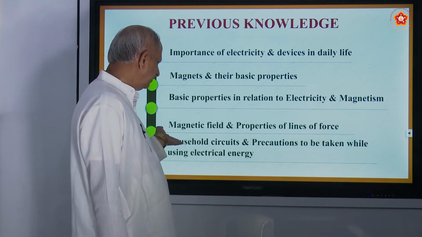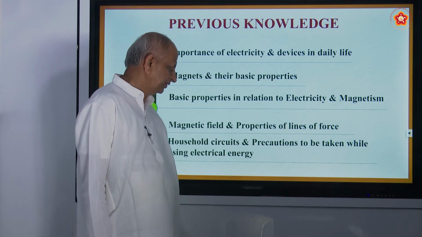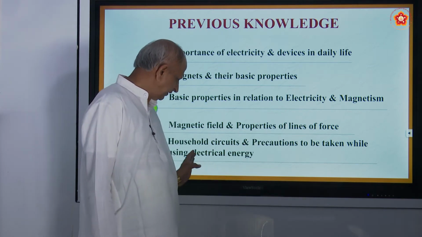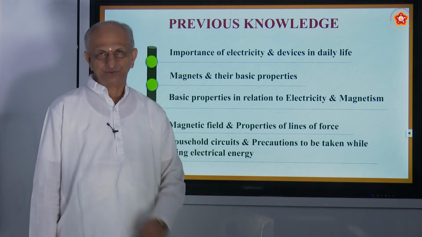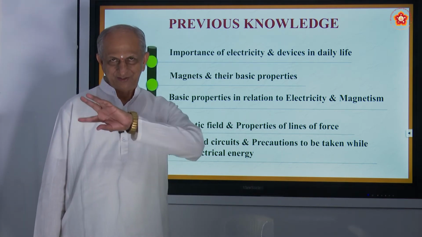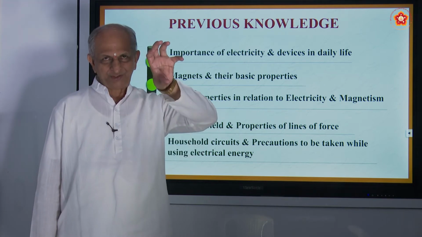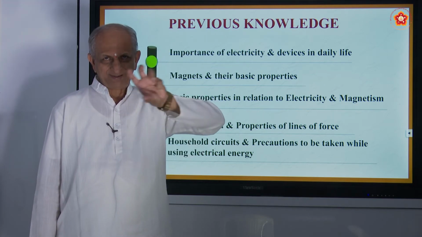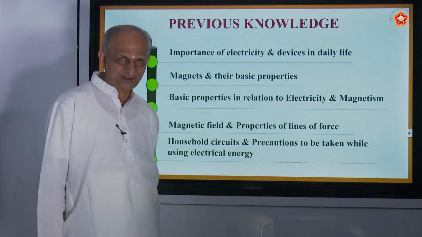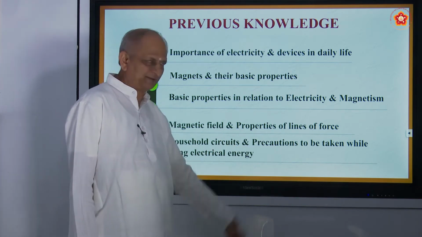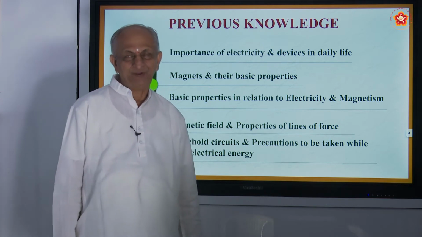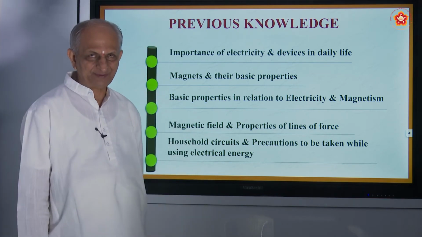And also the circuits and precautions to be taken while using electric energy. How to switch on, how to switch off, how to use the heater, boilers, cooking items, and so on. We should take proper care. There will be what is called a short circuit sometimes.